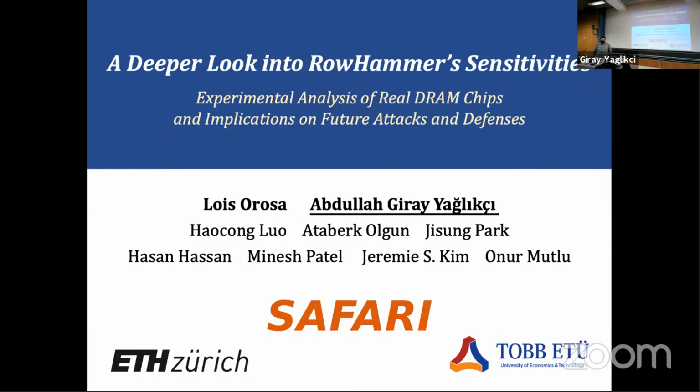But this work looks at the fundamental circuit level vulnerability of RowHammer, and it doesn't consider any of those protection mechanisms. It really looks at the device level issues, like what is the fundamental effect of temperature, for example, on RowHammer. Both types of works are really important to develop both better attacks and defenses.